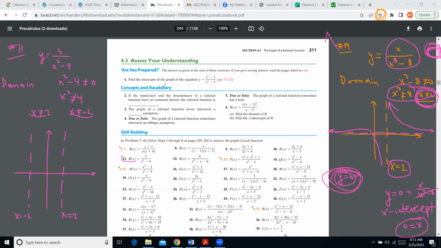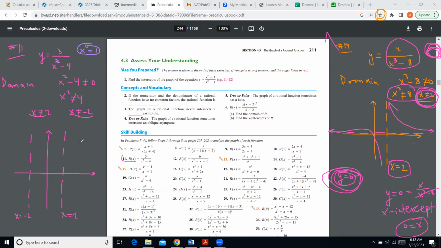Now, there is another asymptote, which is called horizontal. And notice that the denominator has a bigger power than what we have on the top. In fact, on the top, it's 0 power of x because 0 power of x is 1, right? So we have just a 3, which means the power of x is 0.